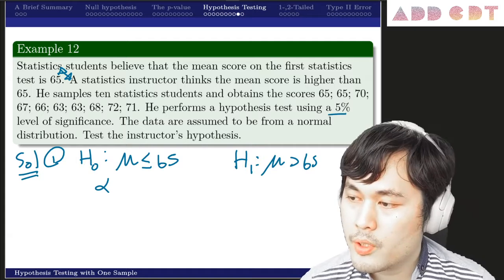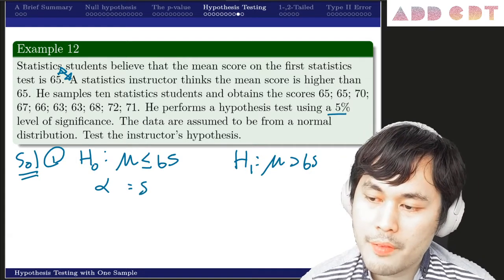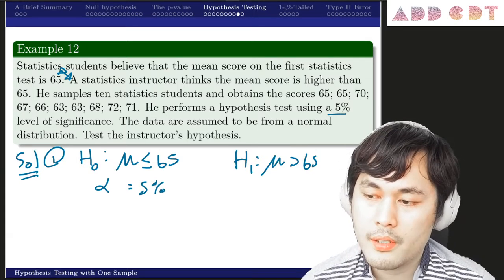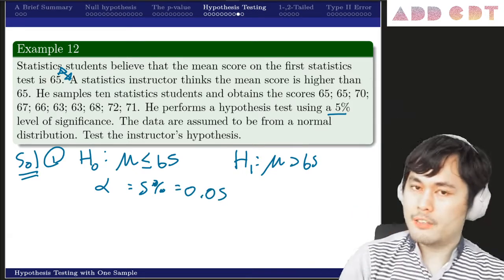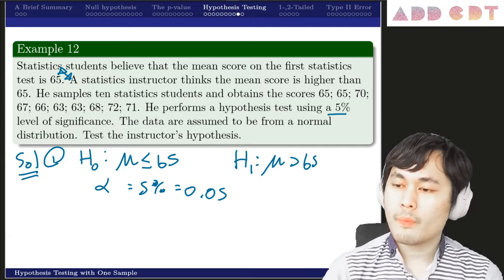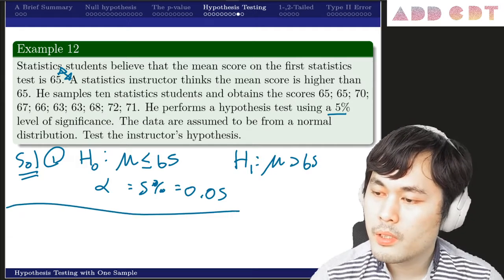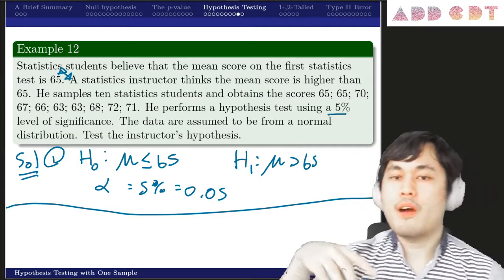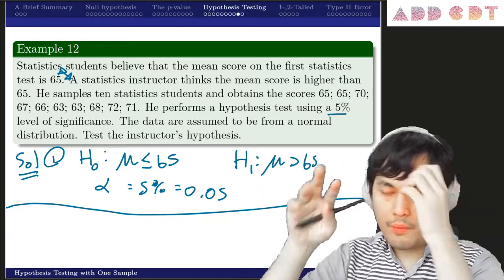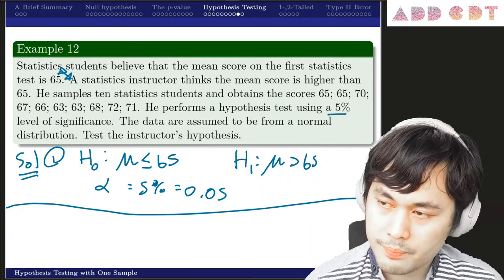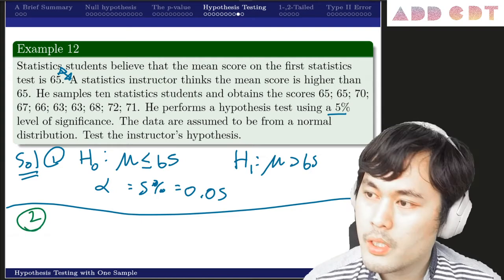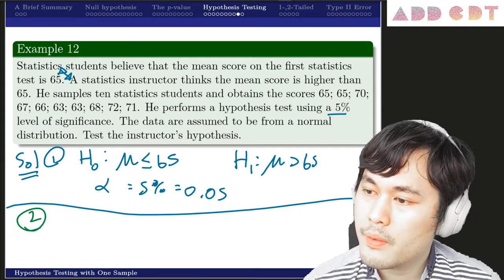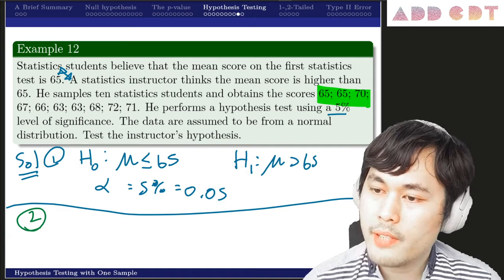In this case, we use 5%, because that's the standard number, and that corresponds to 0.05. So now step 1 is done, right? We set this up before even looking at the data, before you have any idea of what the numbers are. Then step 2 is when we get that result.